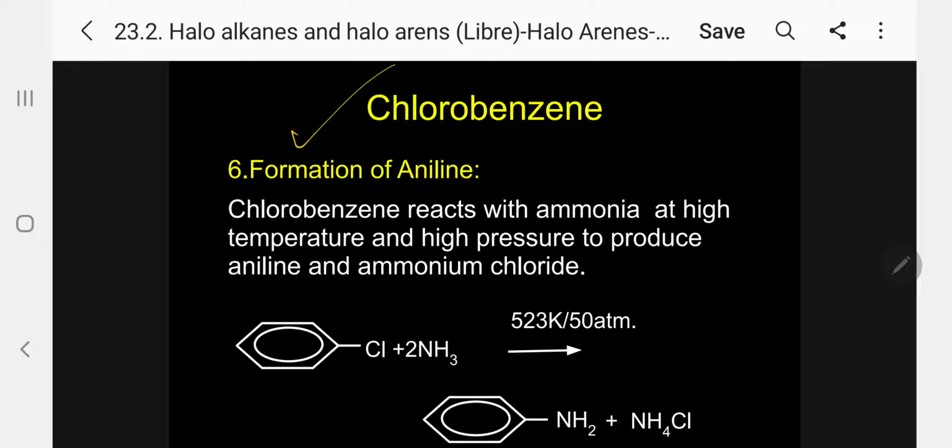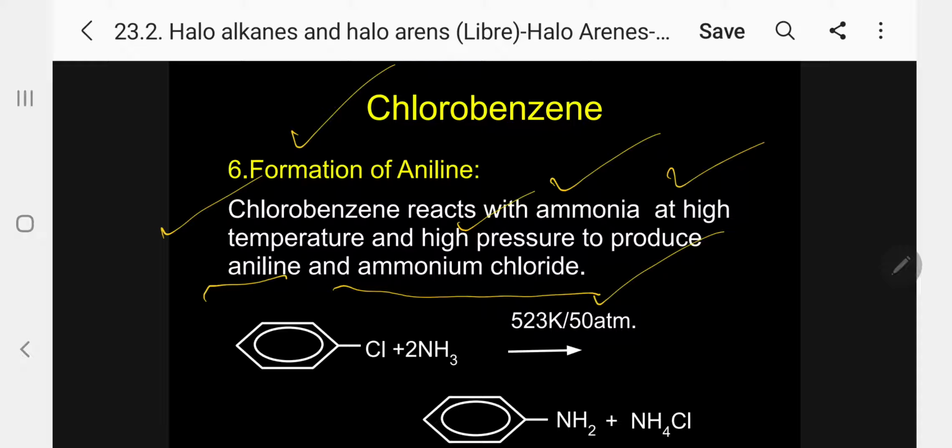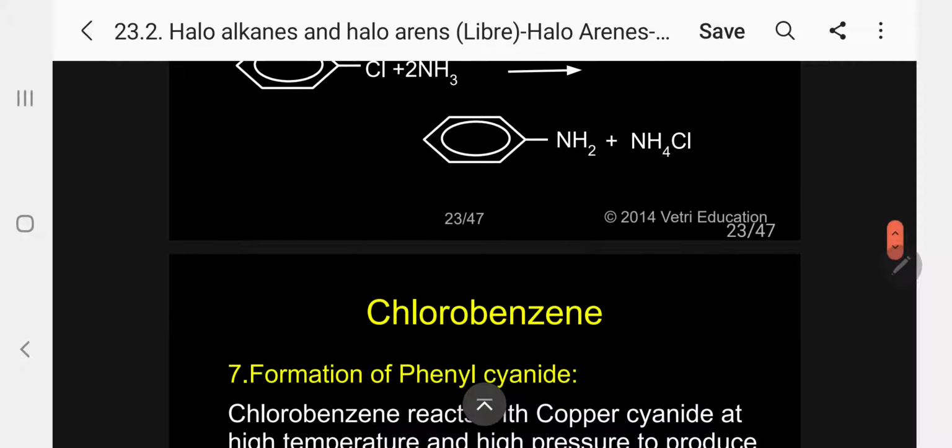Chlorobenzene reacts with ammonia, as usual at high temperature and high pressure, to produce aniline and ammonium chloride. Aniline is nothing but aminobenzene. At temperature 523 Kelvin and pressure 50 atmosphere, we are getting aniline or aminobenzene, an aromatic compound. So, chlorine is substituted.